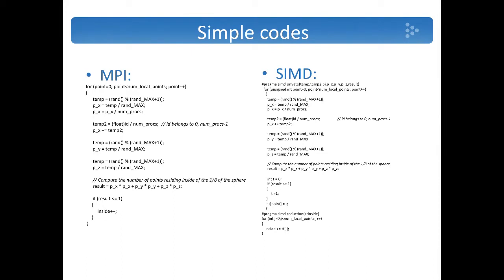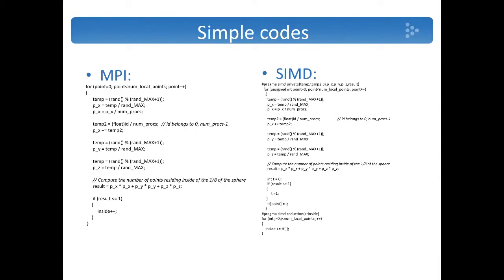For each process, for each rank, it uses a for loop to generate a bunch of random numbers, and you calculate the distance from the point to the center, and if it's less than or equal to 1, you treat it as a point inside the circle, and you calculate how many points are inside the circle, and they will give you a result.